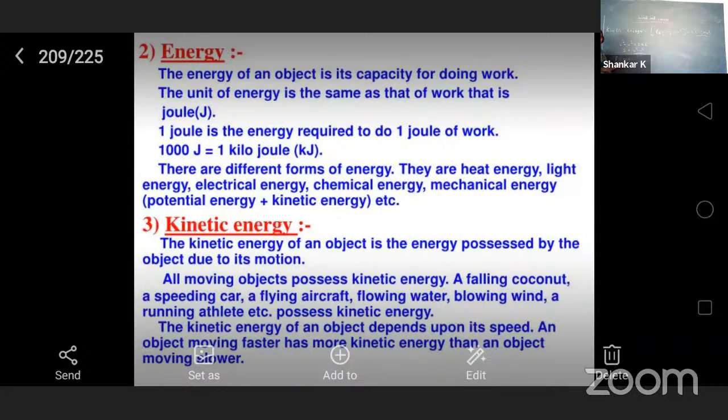Here, W is equal to ma into v square minus u square divided by 2a.